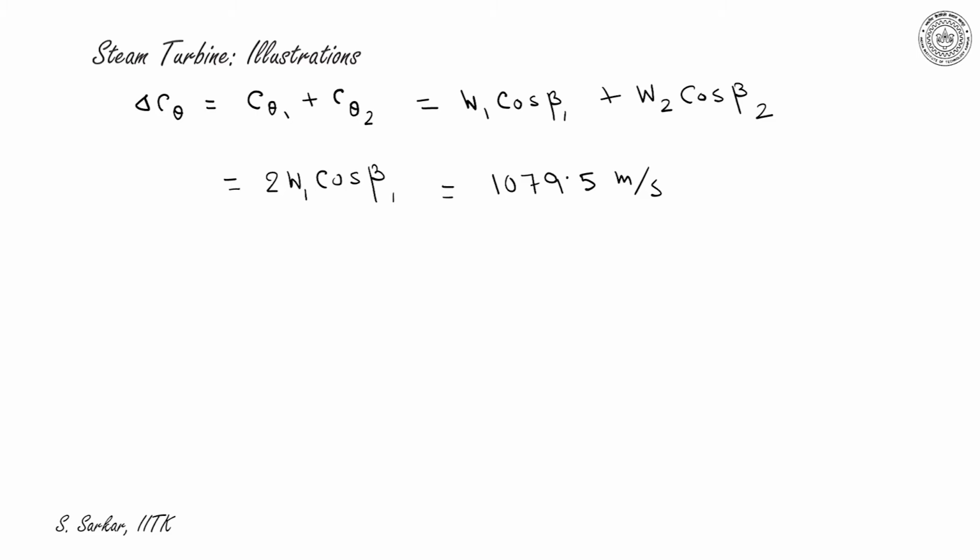Now, del CZ here should be equal to CZ1 minus CZ2. Since the blades are symmetrical and W1 and W2 are equal, this must be equal to 0.